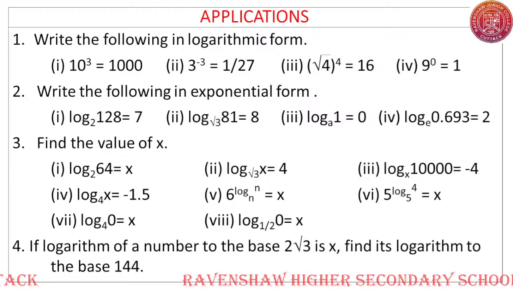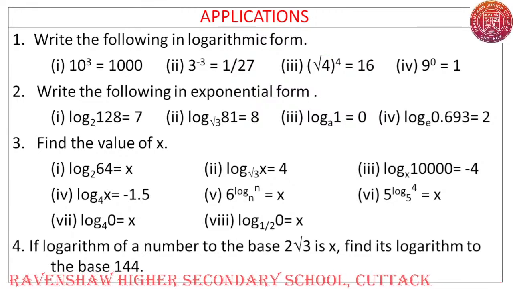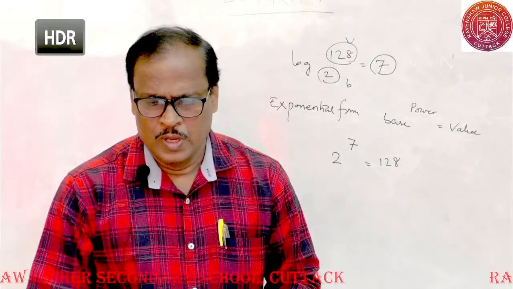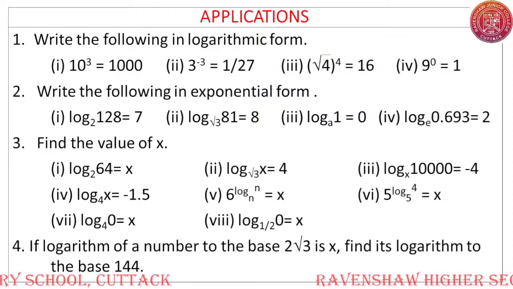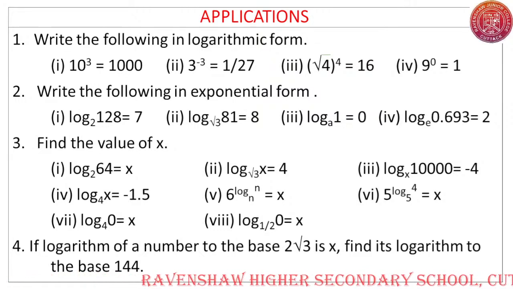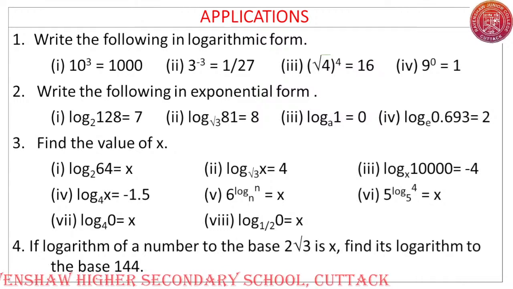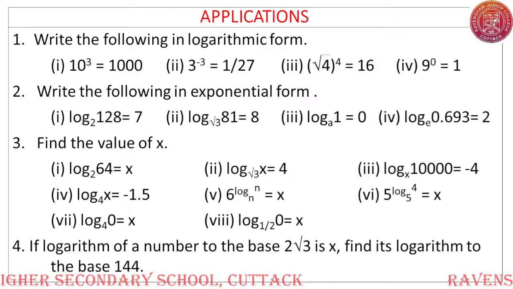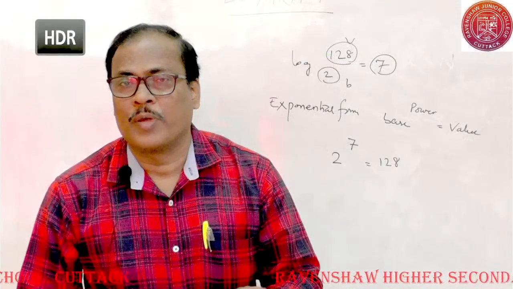Log 1 to the base a is equal to 0, so a to the power 0 is equal to 1. Log 0.693 to the base e is equal to 2, so in exponential form, e to the power 2 is equal to 0.693.